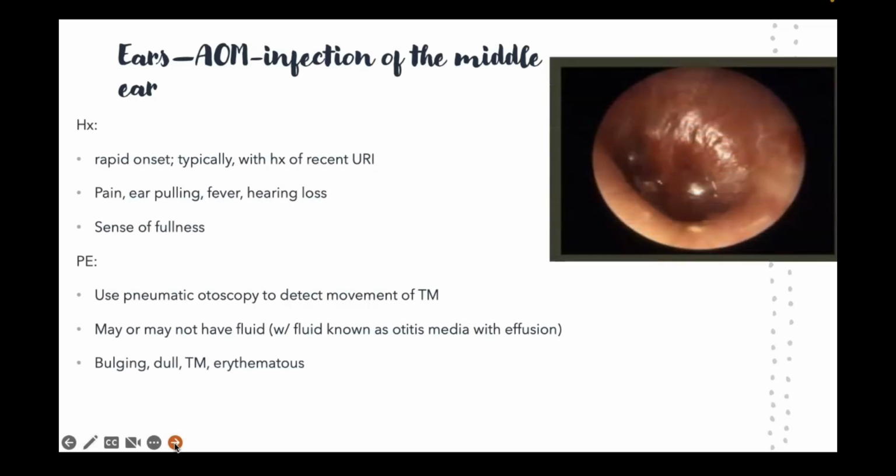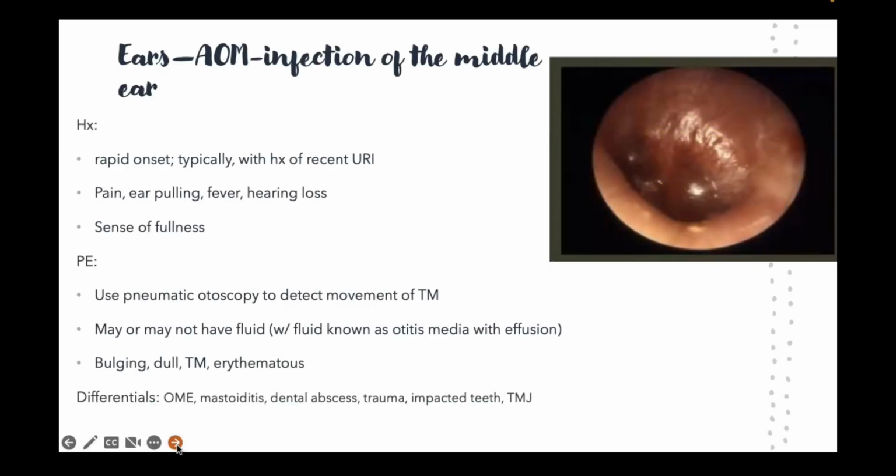This is what it typically looks like. As you can tell, you still see the light reflex, but it's a bit dull, and you see the redness and the fullness behind the tympanic membrane. It's bulging. If you recall what a normal tympanic membrane looks like and compare it to this, you know there's absolutely something going on here, and that is an infection of the middle ear. It's bulging, it's red, it's dull.